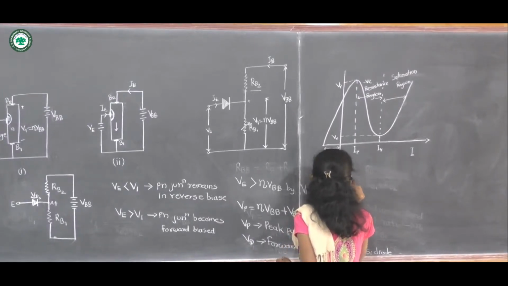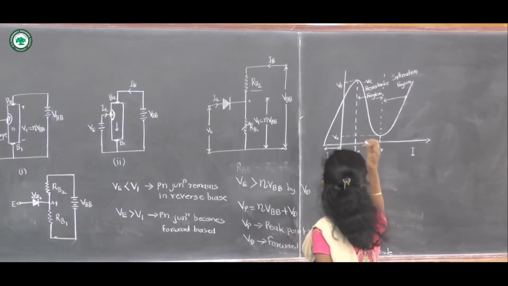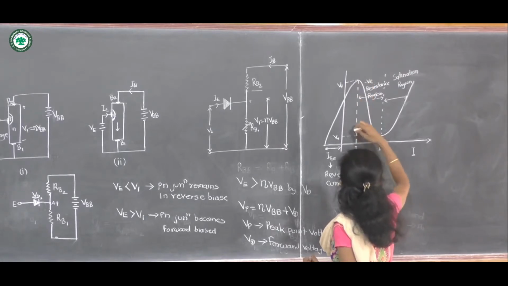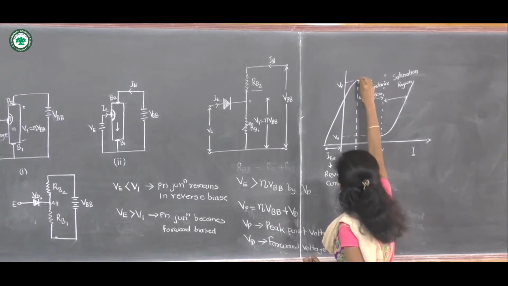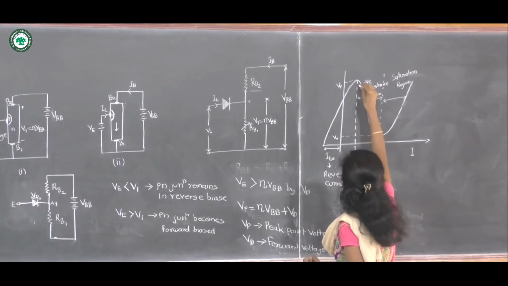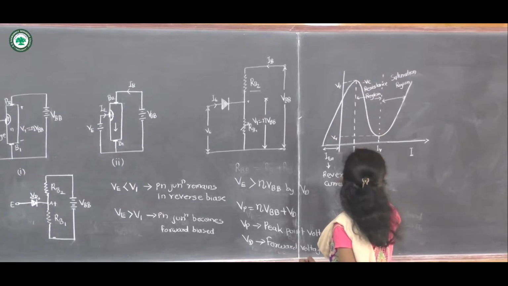Then we observe a point up to which the voltage is increasing with increasing current, and after that particular point the voltage is decreasing with increasing current.